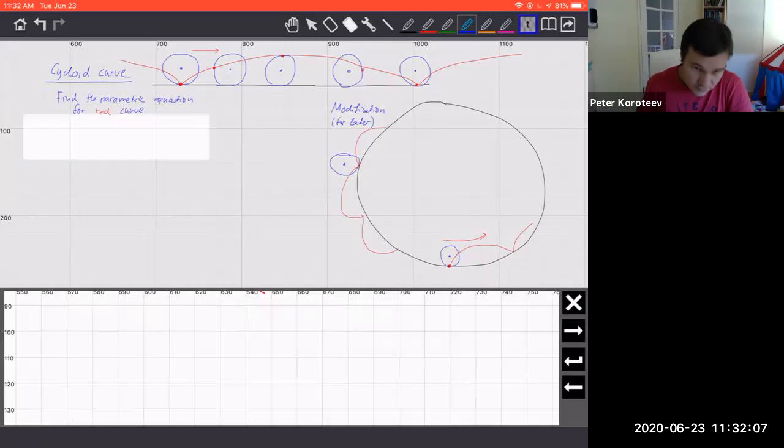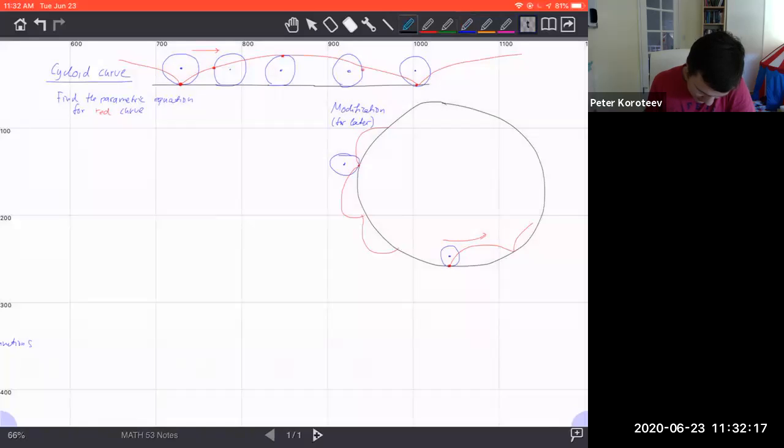Yeah. So let's try to find this equation. To do that, we need to make a slightly bigger picture of the wheel. So let's say it rolled a little bit.